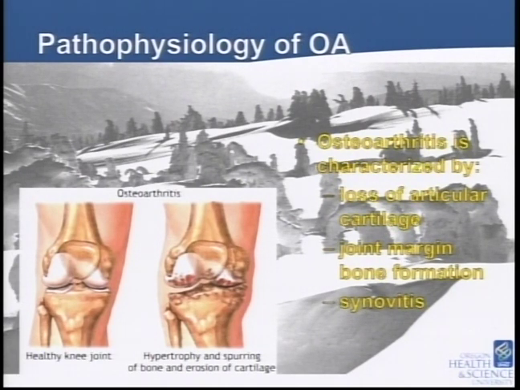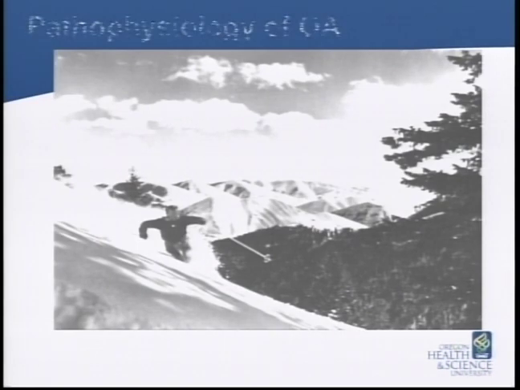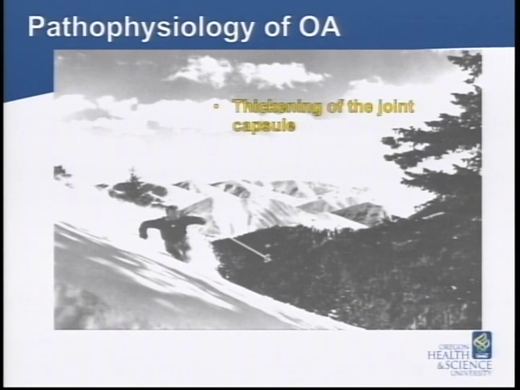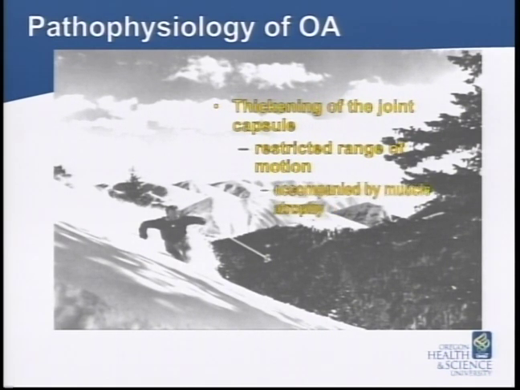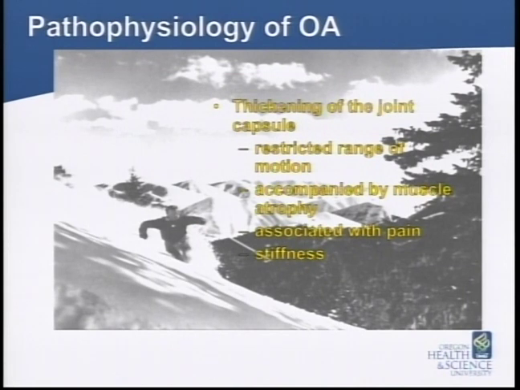And we start to get synovitis, with this thickening of the joint capsule leading to a restricted range of motion. That's usually accompanied by muscle atrophy. That's associated with pain. That's associated with stiffness. That further restricts motion, and that leads to more functional impairment. So it's a little bit of a downward cycle.